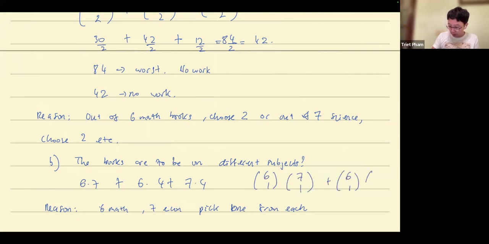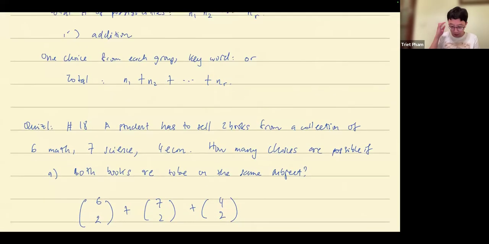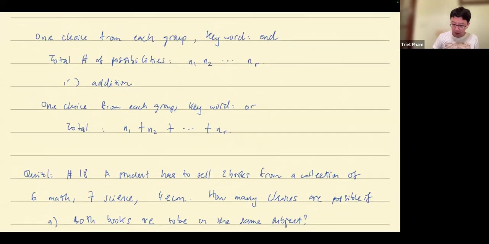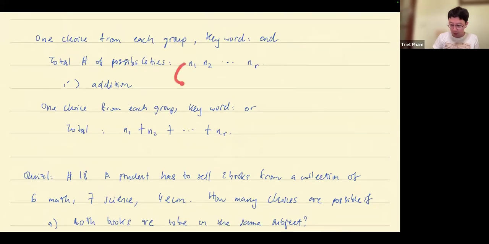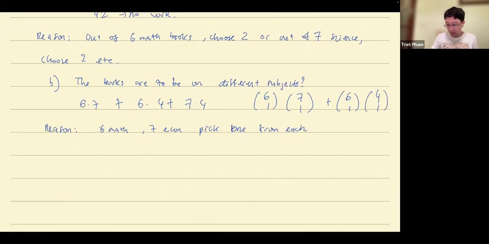Which is right. By the way, the multiplication principle, as you notice, is exactly n1 choose 1, n2 choose 1, etc. So this is fine. It's probably a little bit of an overkill, but that's fine.